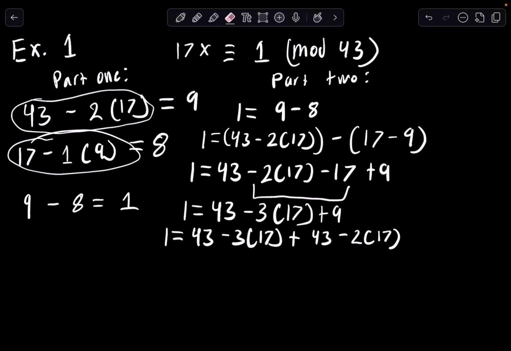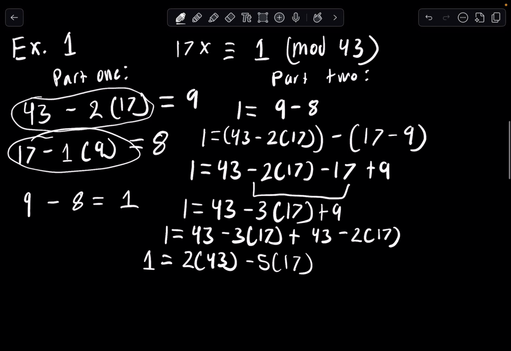Now we can combine like terms one more time. We have 1 equals 2 times 43 minus 5 times 17. Now this is looking a lot cleaner. So let's reduce this to 0 since we said that can happen. We can do that since we're in mod 43. So now we're left with 1 equals negative 5 times 17.